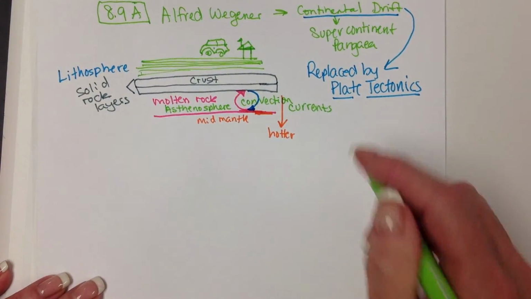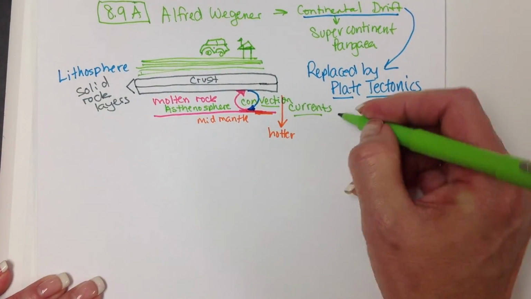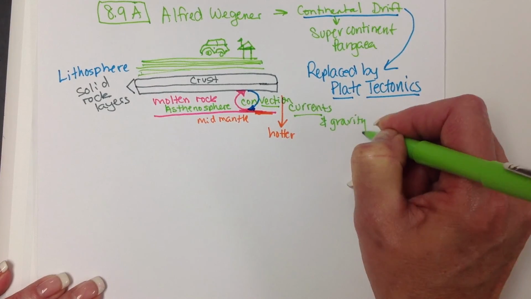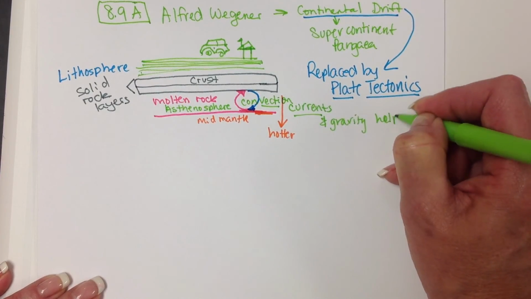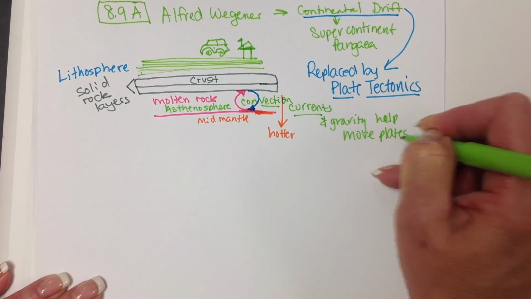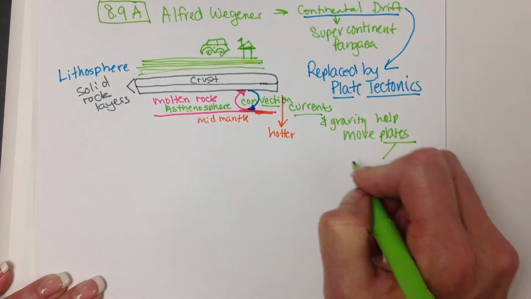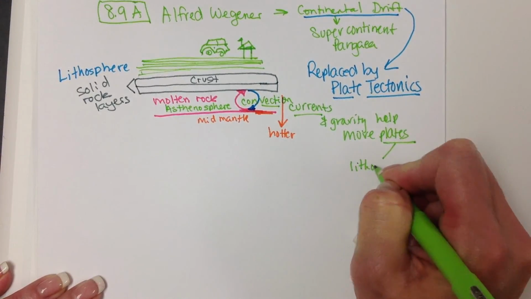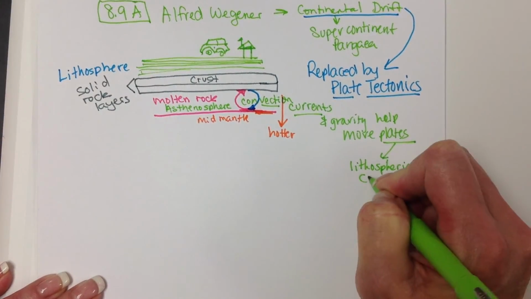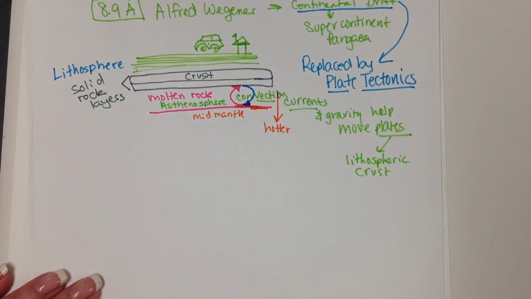And what's going to happen, these currents, this convection and gravity, help move plates. And by plates, we're meaning that lithospheric crust. Okay?